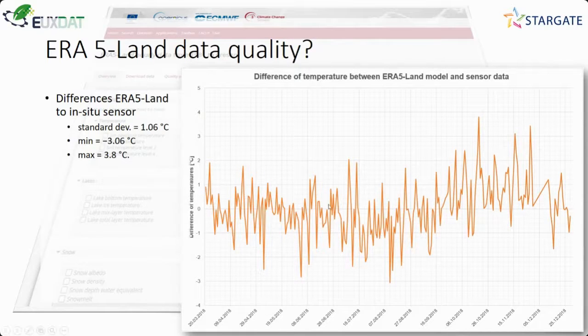And you can see the standard deviation is about 1 degree, and the minimum and maximum could be in this way. So that's not an ideal situation, and we now work, first, on some calibration of the global data to the local data.